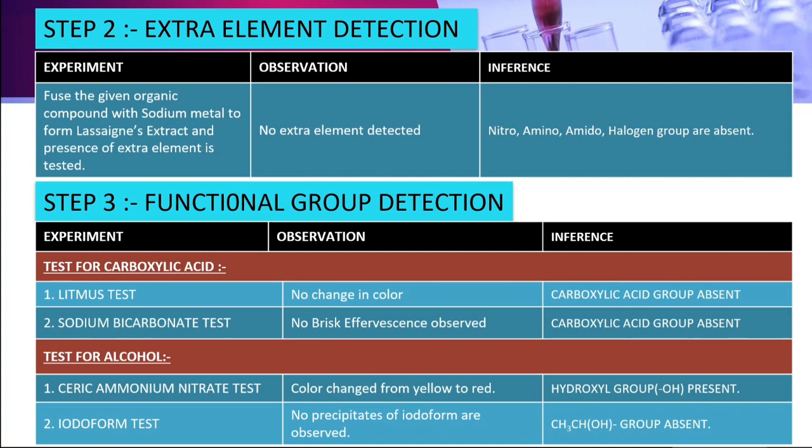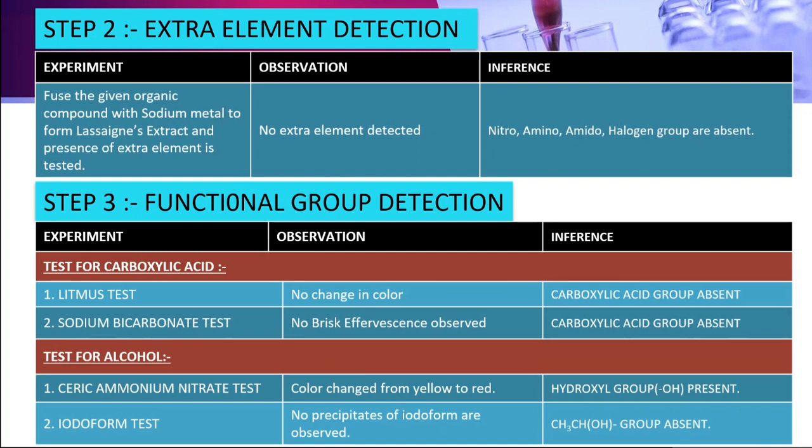Here we dissolve 0.1 gram or 4-5 drops of the compound in 2 ml of water, or dioxane for a water insoluble compound. Then we add 5 to 6 ml of 10% sodium hydroxide solution followed by iodine solution dropwise with continuous shaking till a light brown color persists.